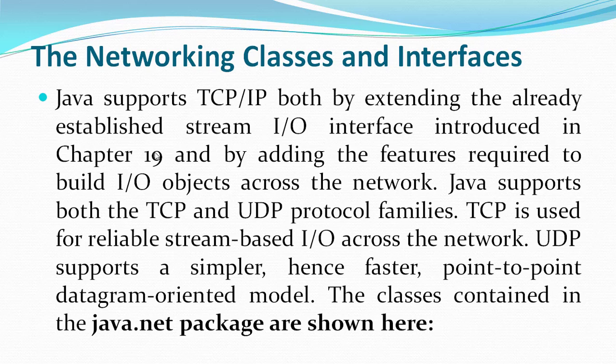Java supports TCP/IP both by extending the already established Stream IO interface introduced in chapter 19 and by adding the features required to build IO objects across the internet. Java supports both the TCP and UDP protocol families. TCP is used for reliable stream-based IO across the network. UDP supports a simpler, hence faster, point-to-point datagram-oriented model.